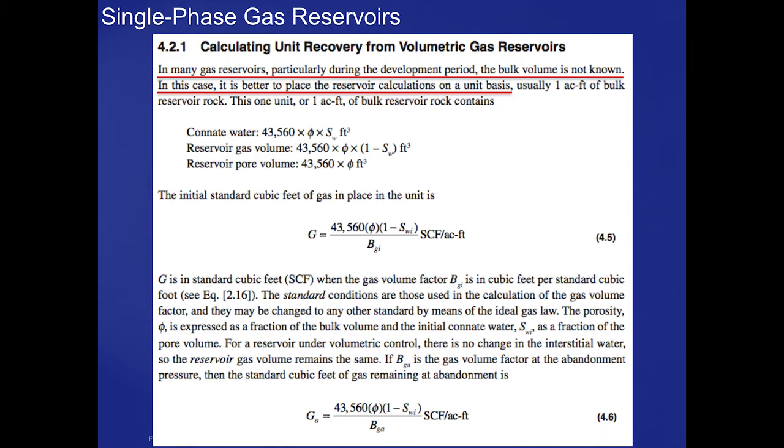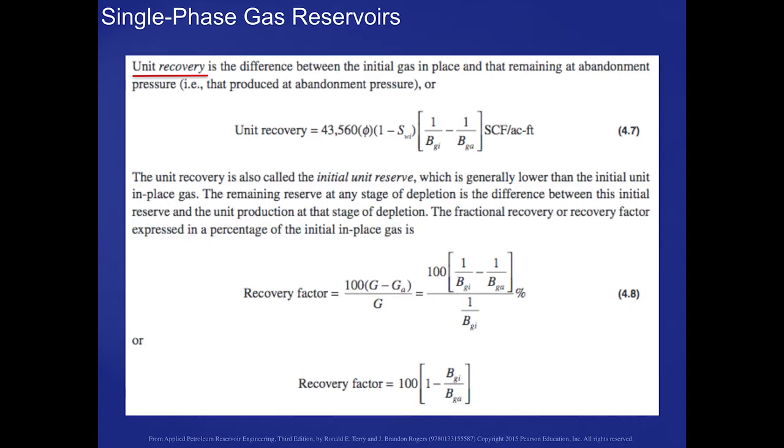For a reservoir under volumetric control, the gas remaining at abandonment is given by equation 4.6, as shown in this slide. If we then take a look at the unit recovery, which is the difference between the initial gas in place and that which is left at the abandonment pressure, you can see in equation 4.7 an expression for that unit recovery.